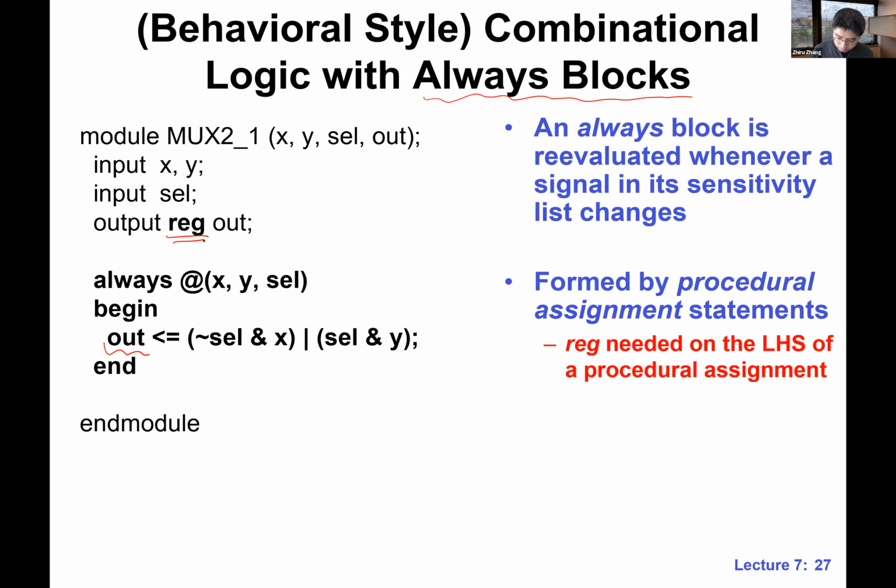But again, it's really important that reg is always needed in Verilog if this signal happens on the left-hand side, LHS, meaning it is written. Then we need a reg to qualify this variable.